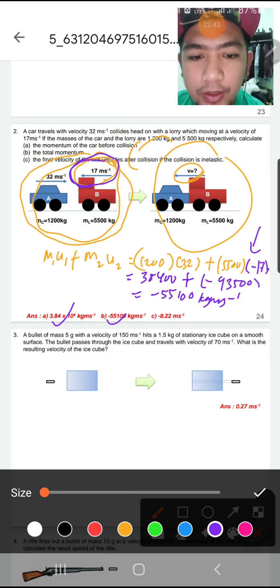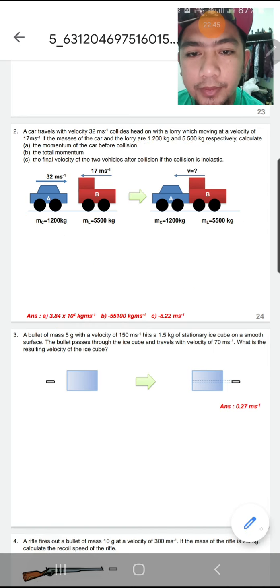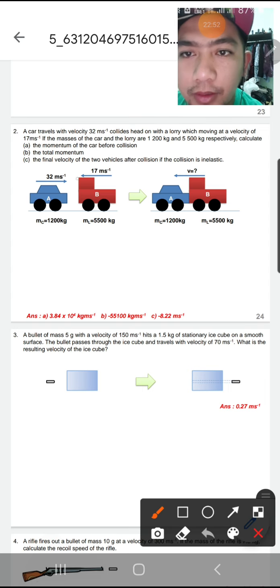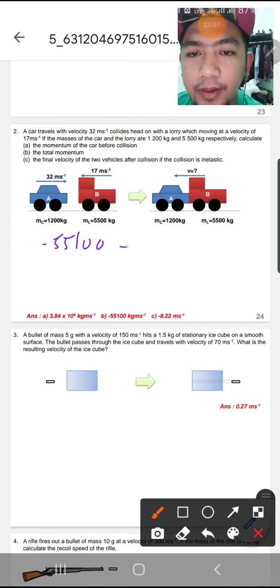Okay. So now question C. The final velocity of the two vehicles after collision if the collision is inelastic. So actually we already calculated the momentum just now: negative 55,100.